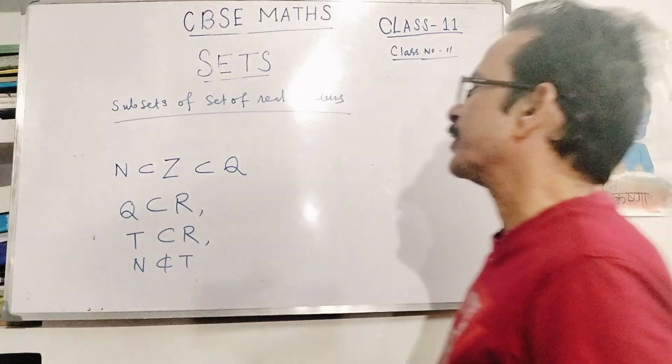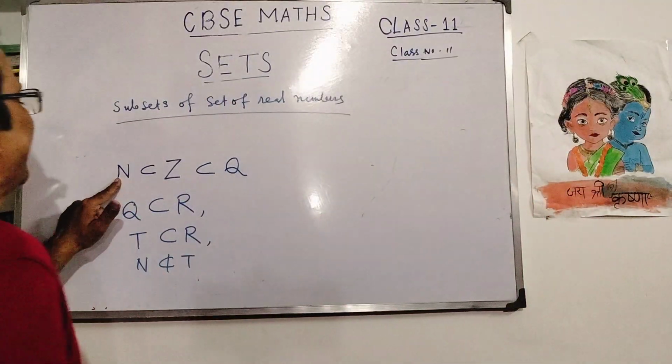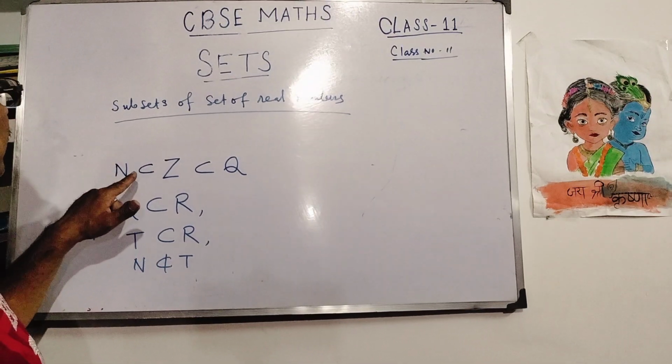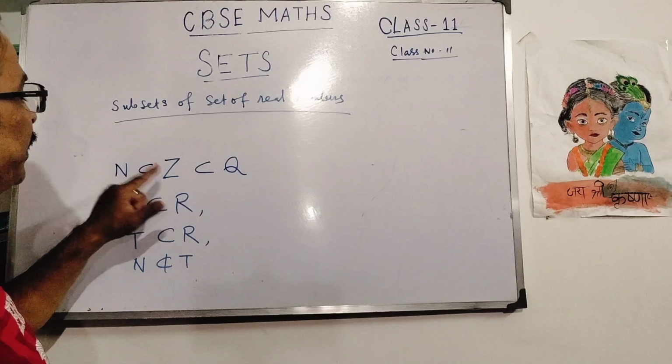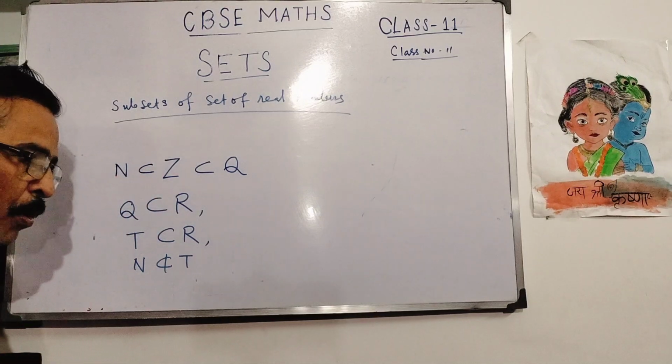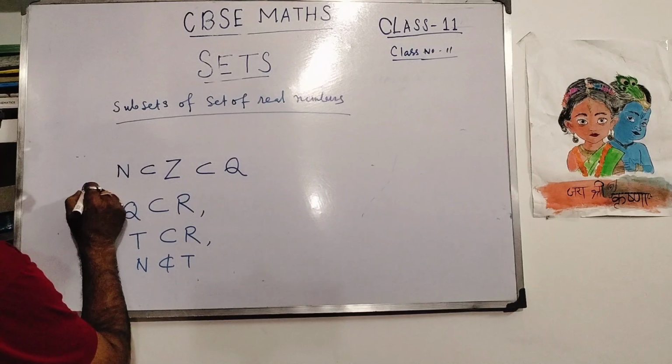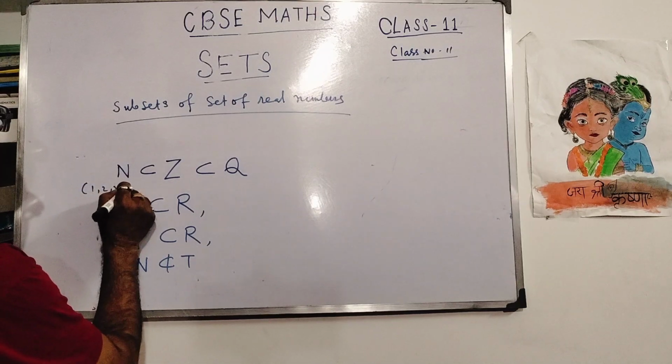So all natural numbers are a subset of all integers. N means 1, 2, 3 and so on.